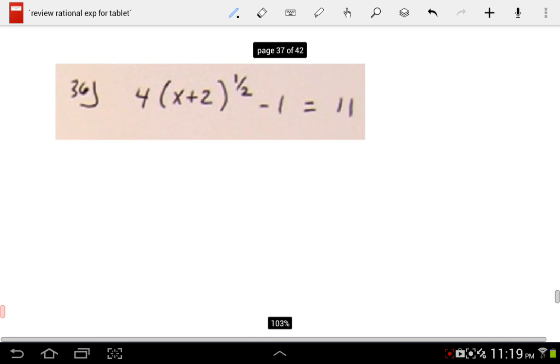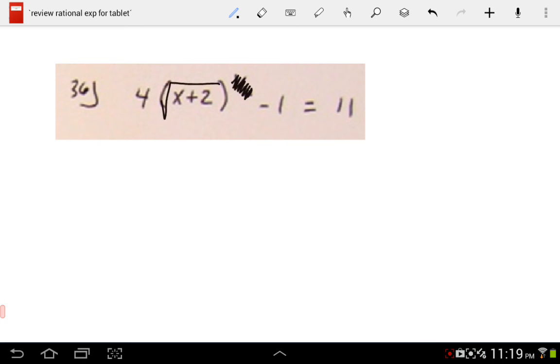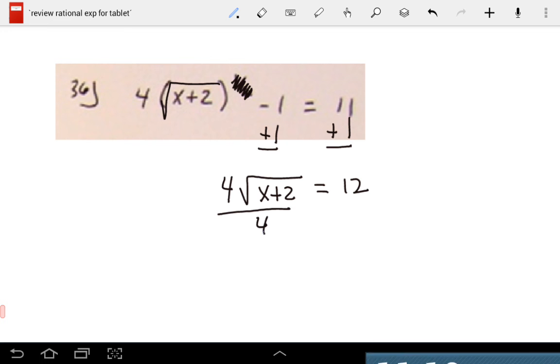Okay, number 36. Now, there again, instead of that 1/2 power, what we'll do is just think of that as being the square root of x plus 2. Now, let's solve it here. I'm going to add 1 on both sides to isolate my radical. Okay, I'm going to get rid of my 4 there.